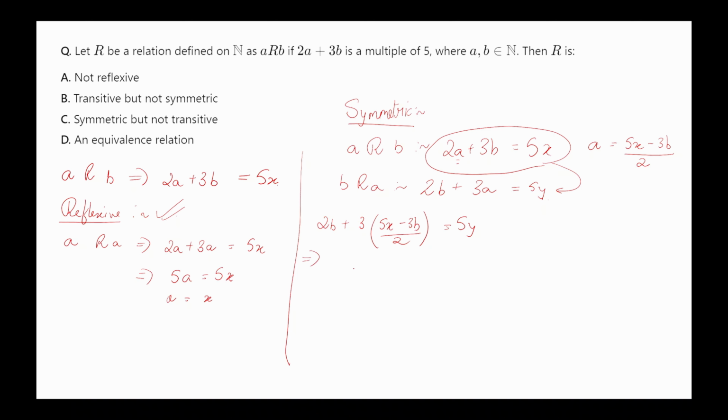So let me try it out. What I can do is take 2 as LCM. So this would become 4B plus 15x minus 9B by 2.